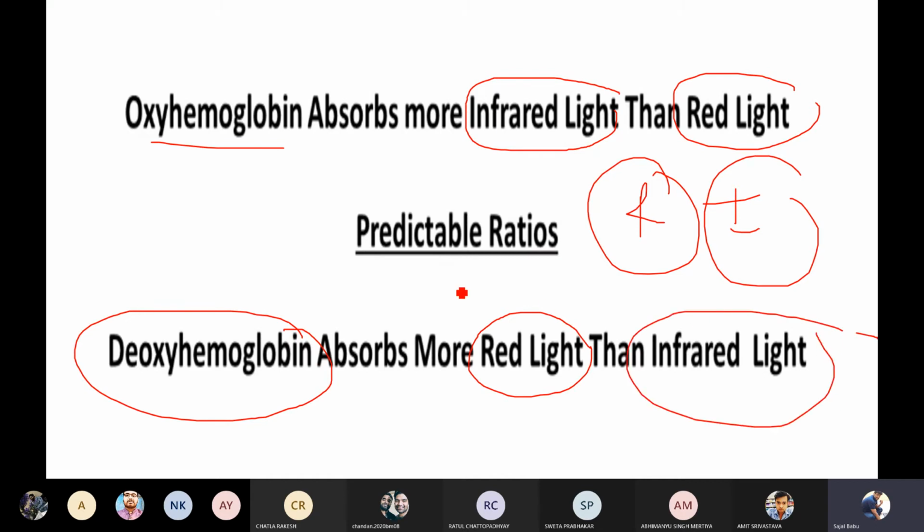If the detector is getting more red light, that means, sorry, I said it in reverse. If the detector is receiving more red light, that means the infrared light is getting absorbed.